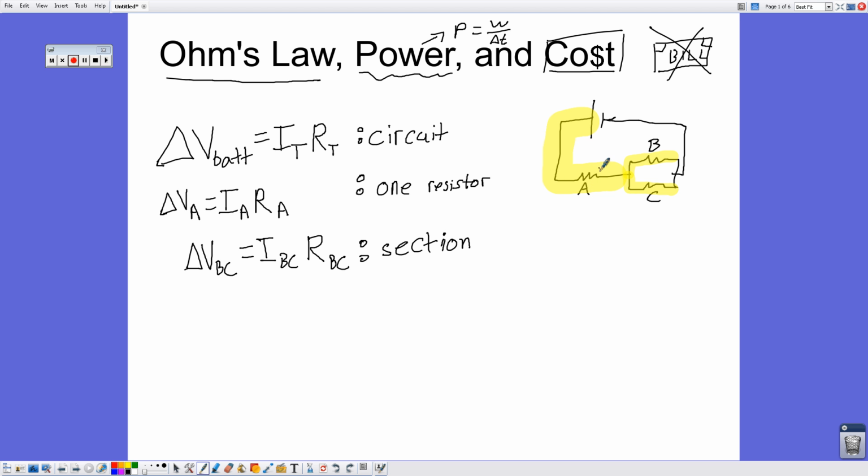All of it has to go through A. So if I could use this top equation, I could solve for current total, which is current A. So I could do 2, 3, 4-step problems if I really wanted to. And right now, we don't.